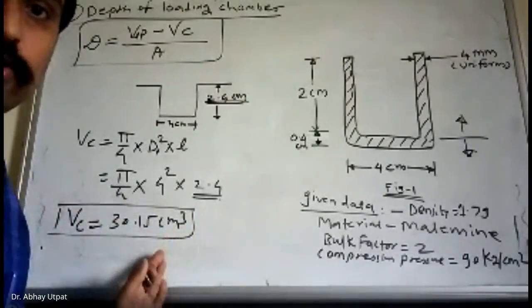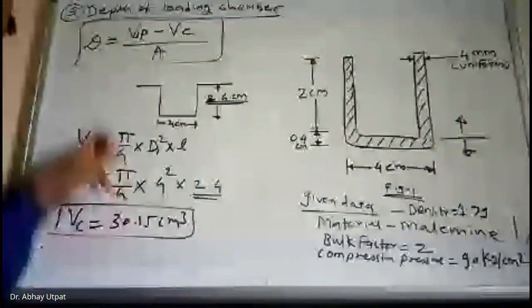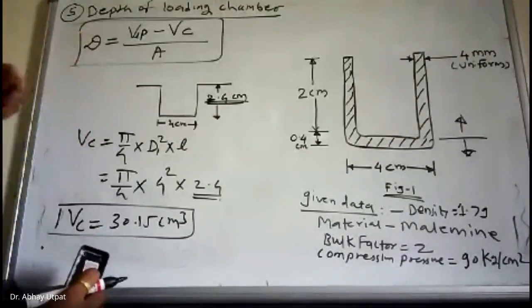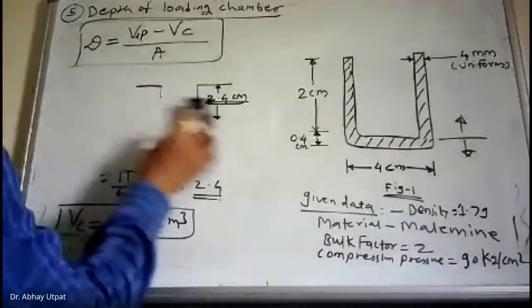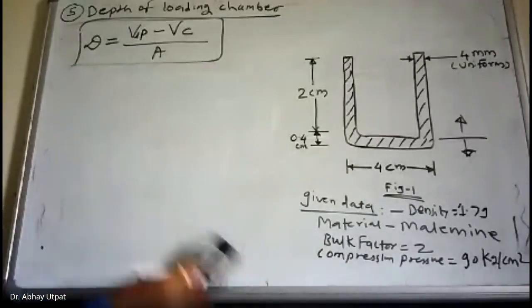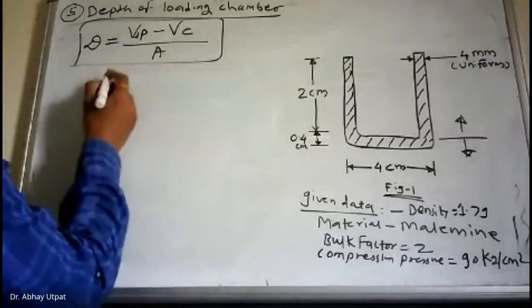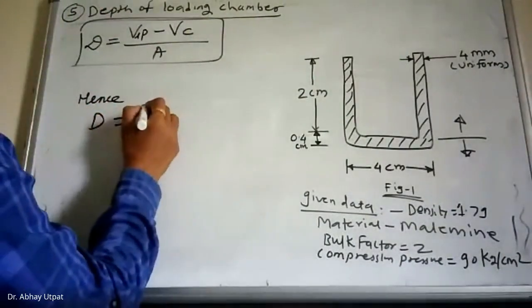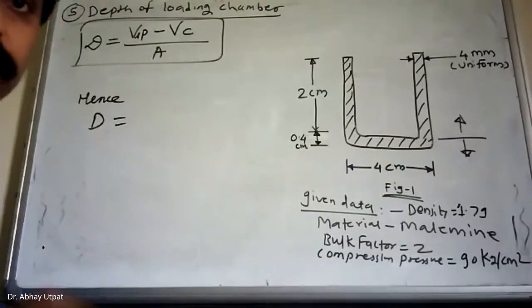Now put this value here in D and tell me the value of D now, depth of loading chamber. Put this value here in this formula. Hence, D is equal to volume of loose powder we have calculated earlier.